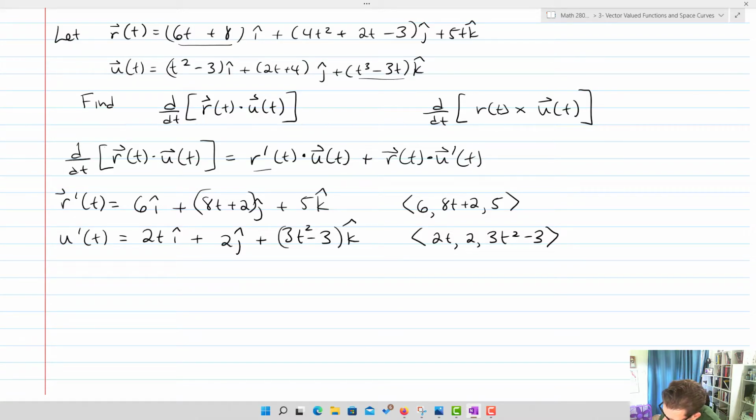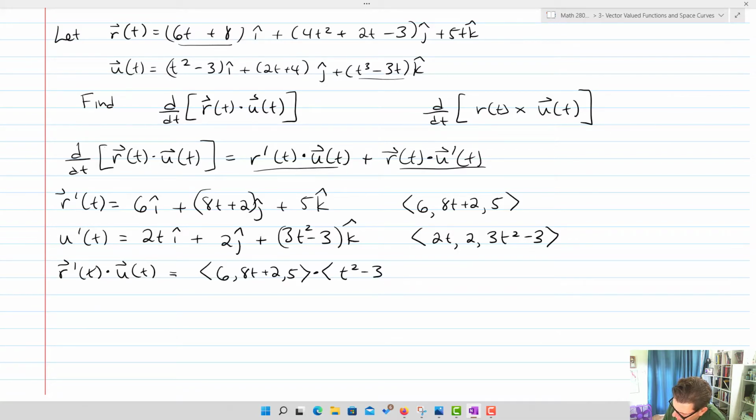Now I'm going to plug that into my function. I've got r'(t) dotted with u(t). So that's going to be <6, 8t plus 2, 5> dotted with <t squared minus 3, 2t plus 4, t cubed minus 3t>.